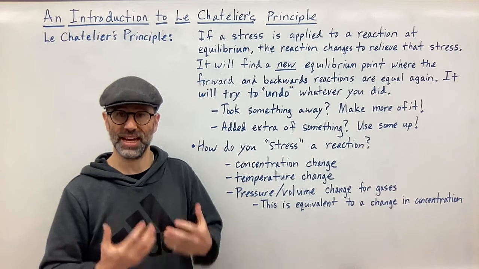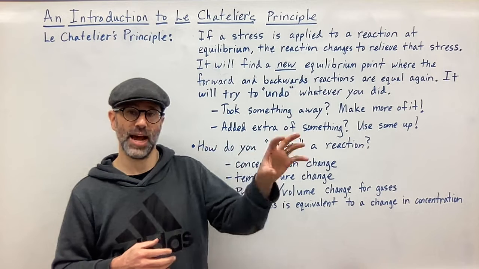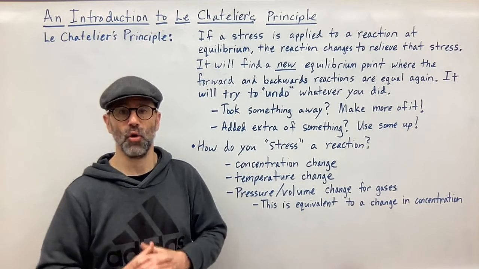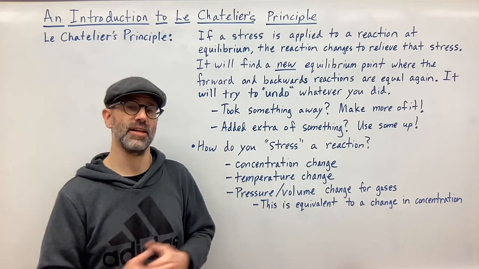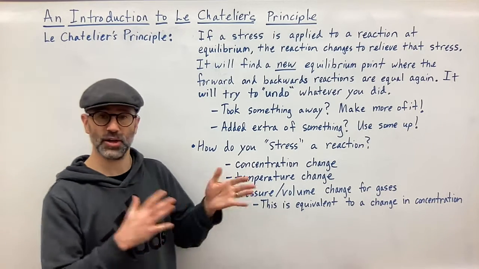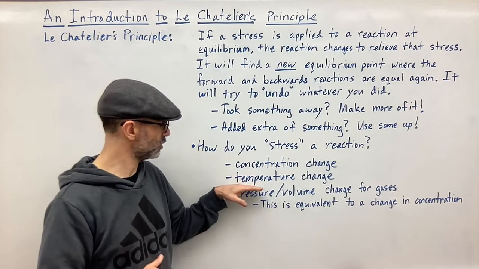And if it was an endothermic reaction where you have to put energy in, that was on the reactant side. And so, depending on what side your energy is, that's going to determine which way the reaction is going to go in order to undo a temperature change, right?